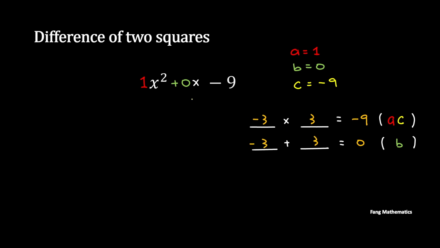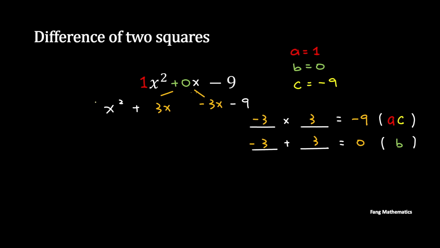We are to separate the linear term in terms of the two numbers we find. So 0 is separated to minus 3 and plus 3. So let me put 3 here and minus 3. Attach x to each number, and we are to copy everything else back into the expression x squared plus 3x and minus 9.